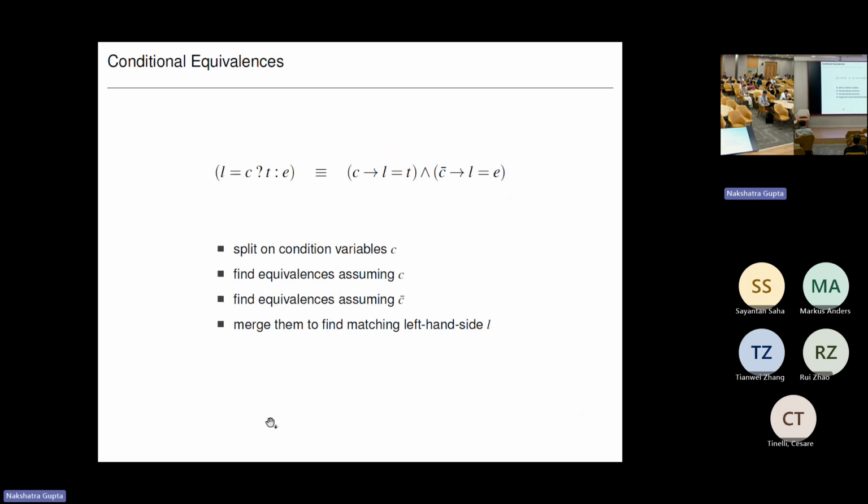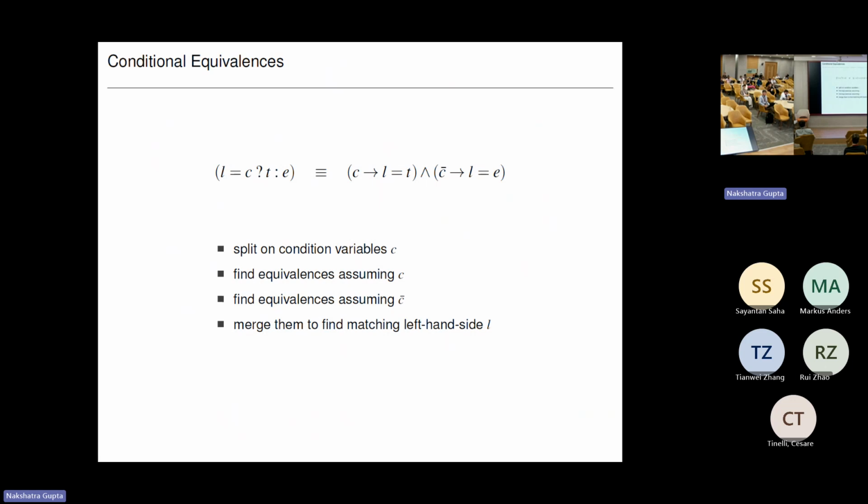And so what could be an algorithm? Well, you now take as a working set not the base clauses as we did before, but you go over literals, right? If you have the candidate C here, so you go over the potential condition literals, you go over all ternary clauses with C, and you go over all ternary clauses with not C, and you find all these conditional equivalences with either C or not C. And then you merge these two sets in an almost merge-sort style algorithm.